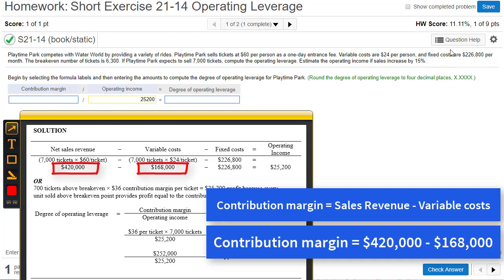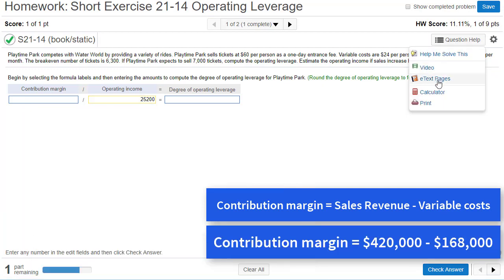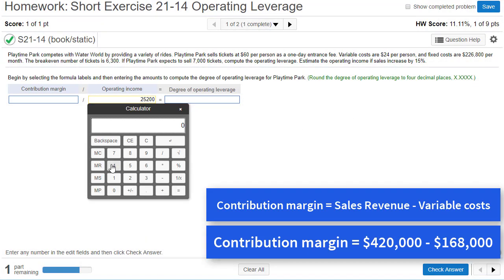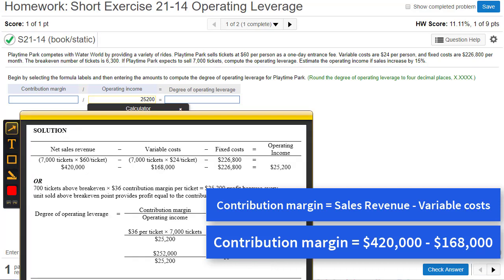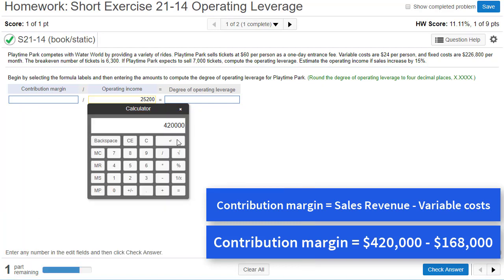So 420,000, and then we subtract, it looks like it was 168,000. Gives us 252,000.